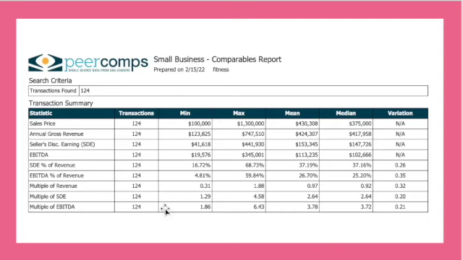I pulled this information from peer comps, and this is one I'm doing just for a fitness center, and realize that fitness centers have lots of different nuances. There's cycle centers, there's full-scale fitness centers that are open 24 hours, or some that are specializing in dealing with women. So you need to sort of categorize and make sure that you have as close to that representation as you can. But you might not find that there's a ton of women's fitness centers, for instance.